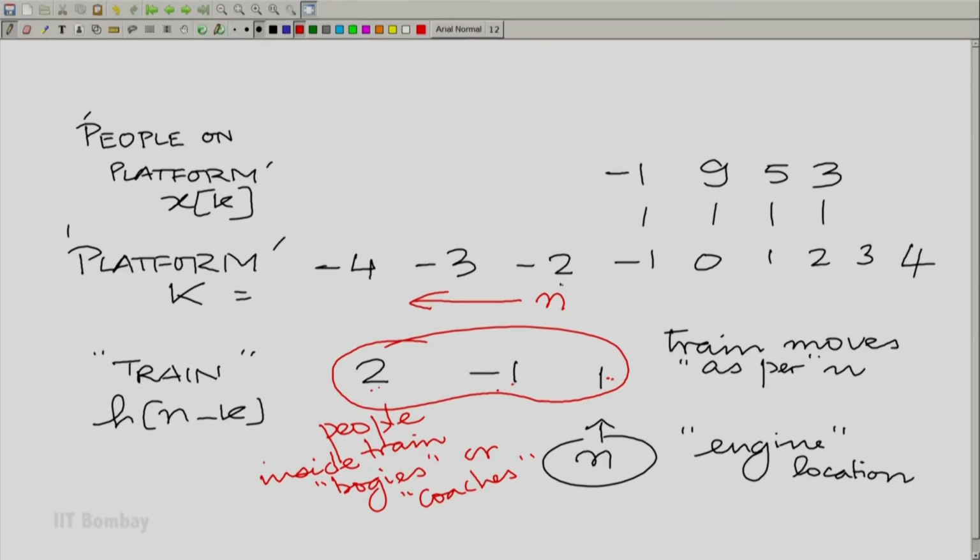So, now you can think of it like this, that multiplication x[k] times h[n-k] is like a handshake between the person on the platform and the person in the corresponding bogie. The engine moves one step at a time.